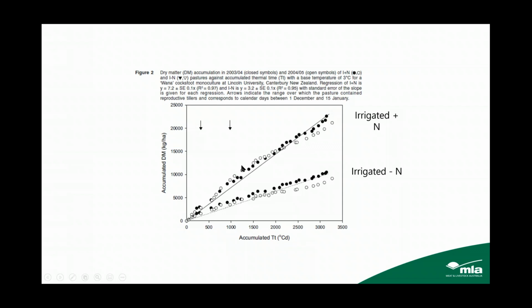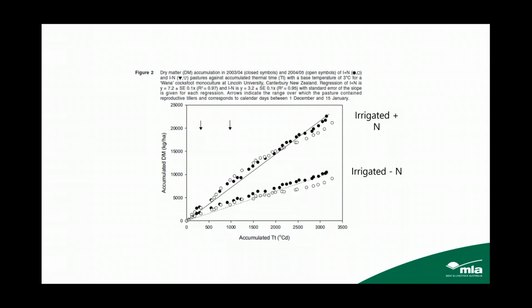When you plot accumulated dry matter versus accumulated temperature, you get this lovely straight line. There's a bit of a squiggle on it for other factors that are obviously influencing it. But as you can see, if you've eliminated nutrition and soil moisture as a limitation, then basically temperature is having a huge influence on growth.